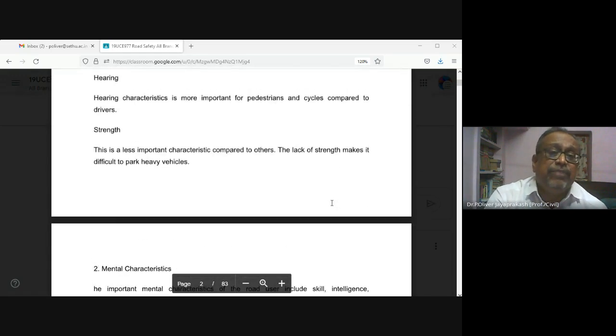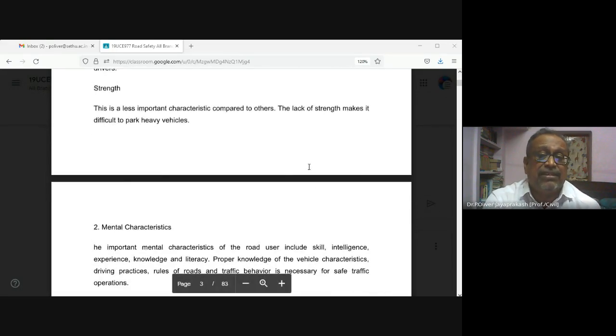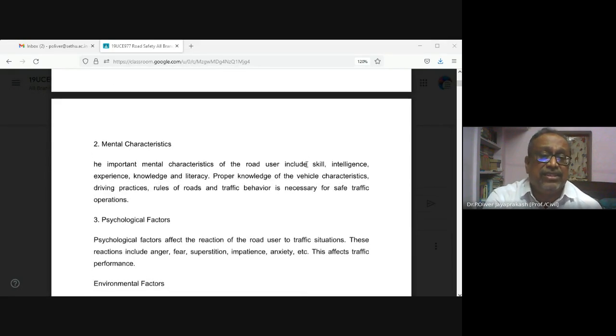And hearing should be proper, especially in the role of a pedestrian or a cyclist or a driver. You need good hearing characteristics. And physical strength is more important.